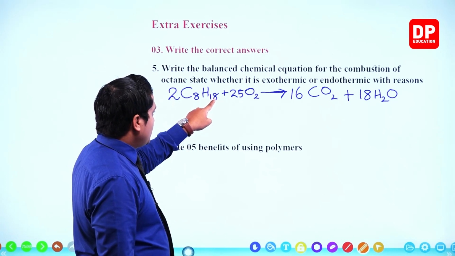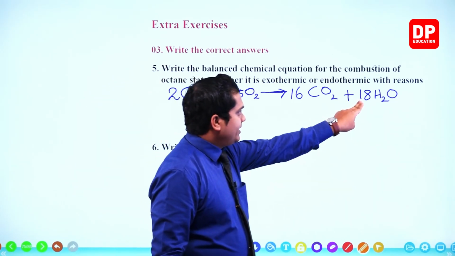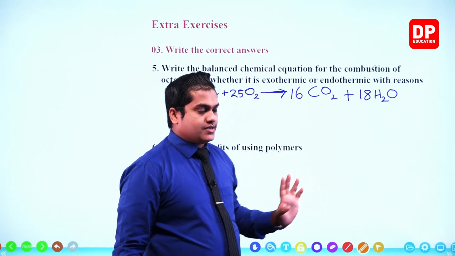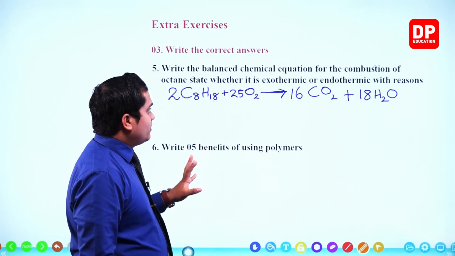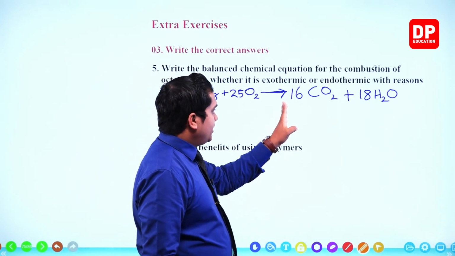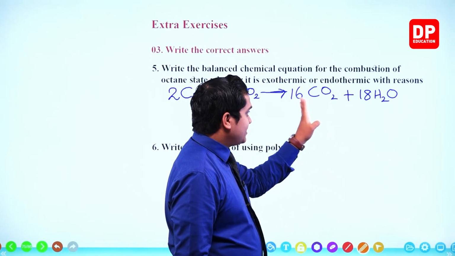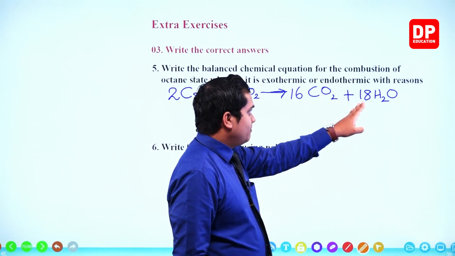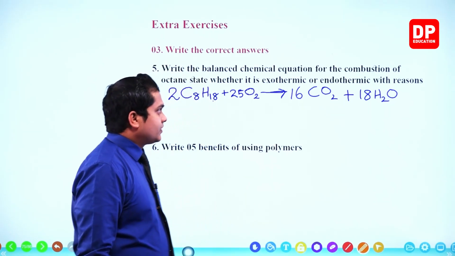Here hydrogen 18 times 2, 36. Here 25 times 2, 50 oxygen. Here 16 times 2, 32 plus 18, 50. So our answer is correct.